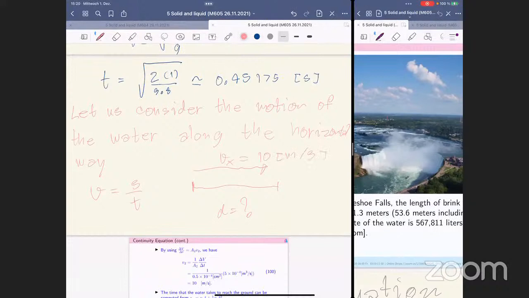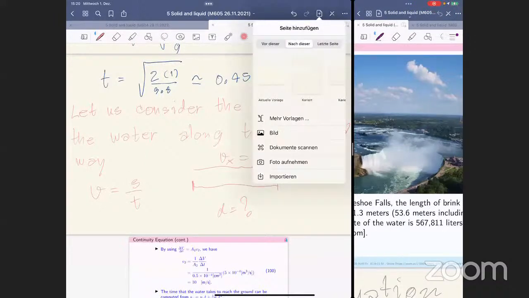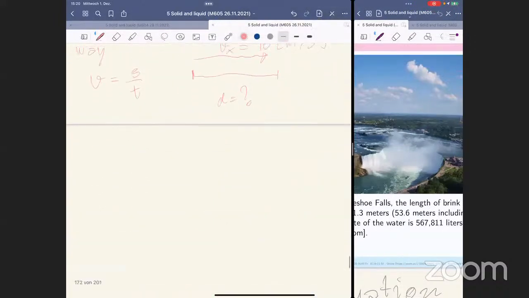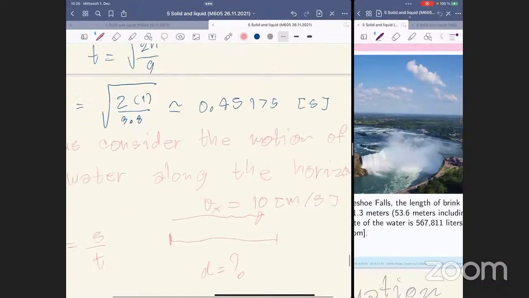You have to move t to the left-hand side, so d equals Vx times delta t. The delta t that you have just found is 0.45.